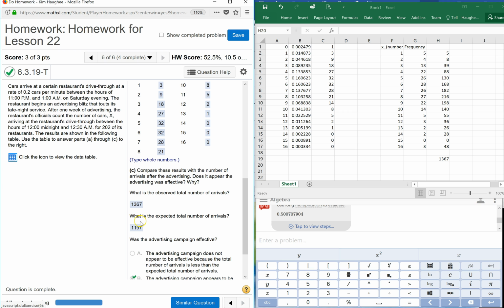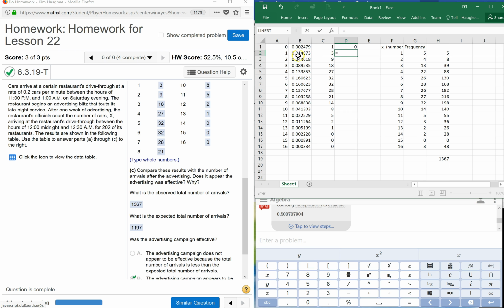Before advertising, what is the expected total number of arrivals? Well, I want to come back over to Excel and look at the first set of data on our left, which had to do with the expected outcomes. We had 0 cars arriving at 1 restaurant. So we would want to take 0 cars and multiply it with 1 restaurant, which will be 0 cars.